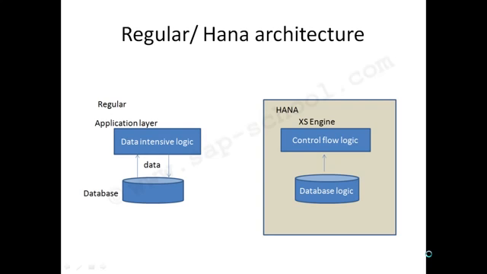As I've mentioned before, in a regular database we need to get data from the database into the application layer, perform all the data-intensive logic there, and bring it back to the database.